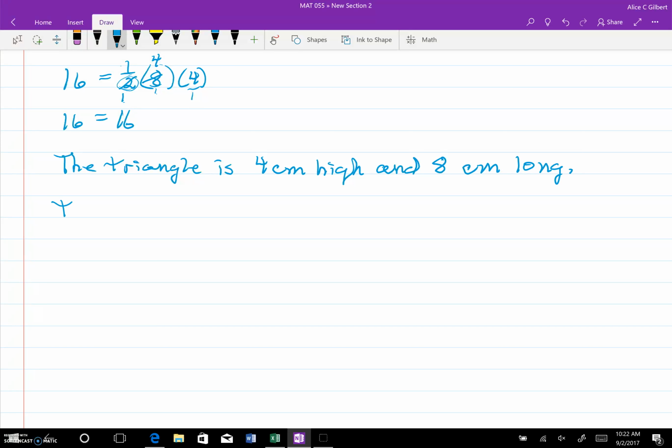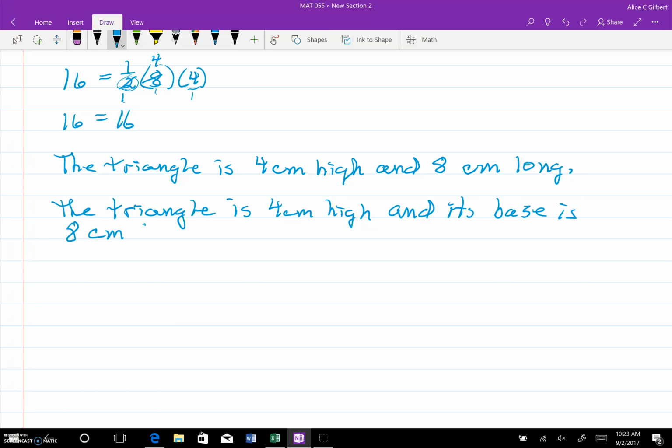Or we could say something like, you don't need to put all these, just one sentence is fine. I'm just giving you some examples. Triangle is 4 centimeters high and its base is 8 centimeters long. There we go.